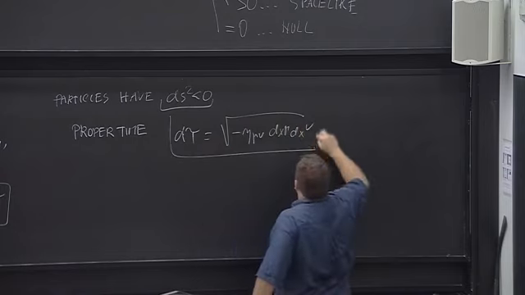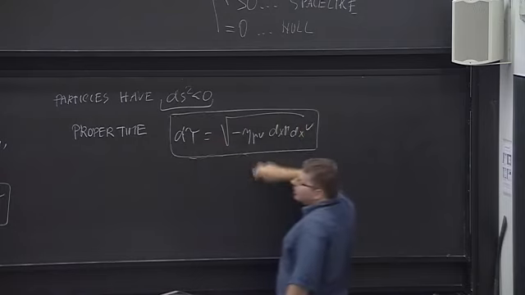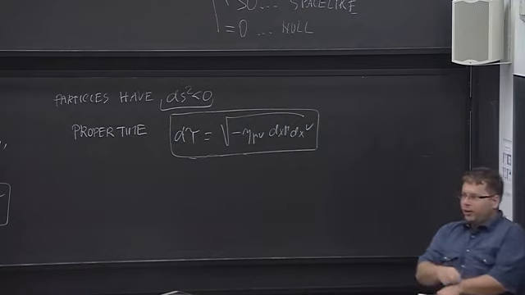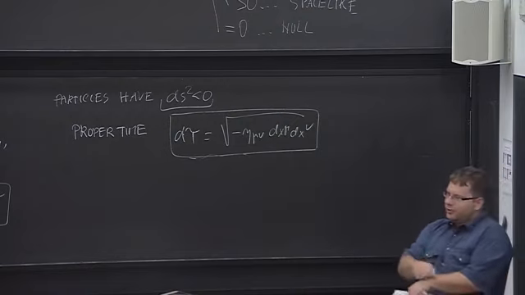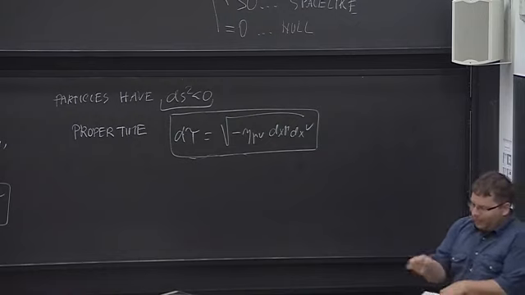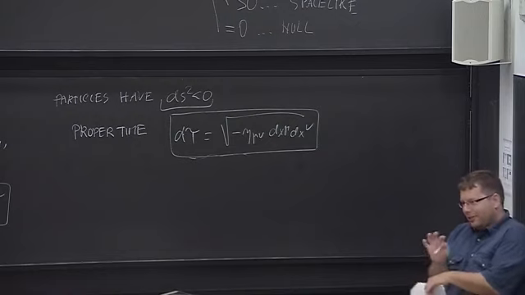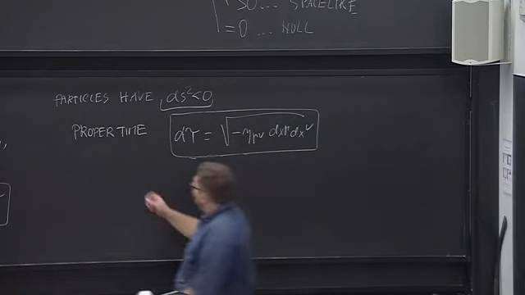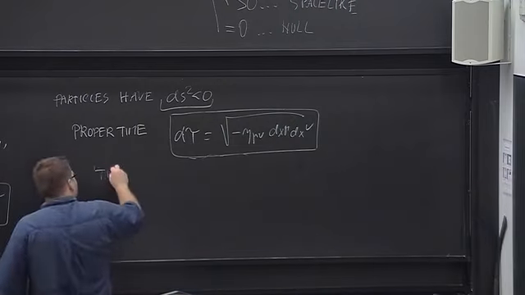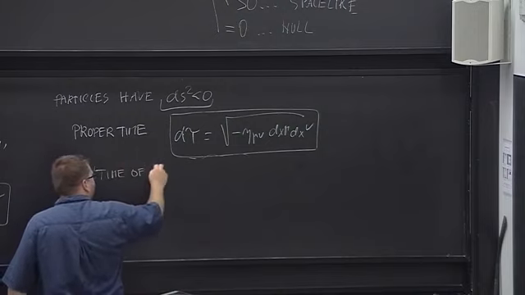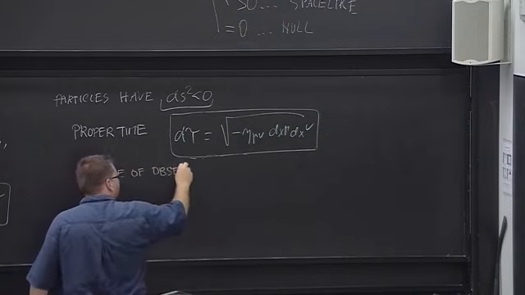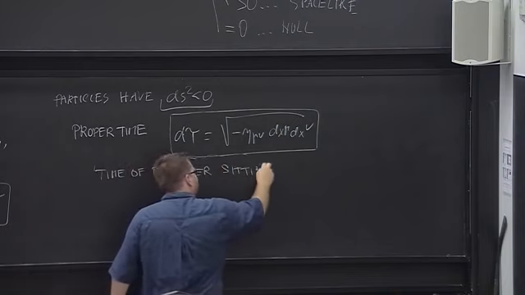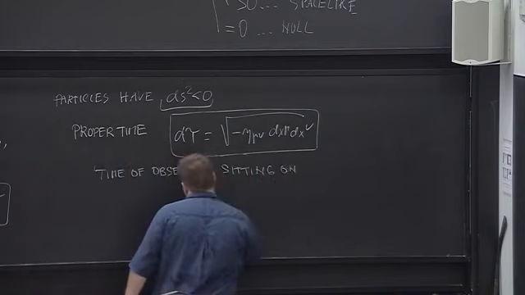Okay, and so the meaning of this thing is really, if I'm sitting on the particle and moving through the space-time, this is what my clock shows. So this is really the time an observer who is at rest with respect to this particle measures. Time of observer sitting on the particle.